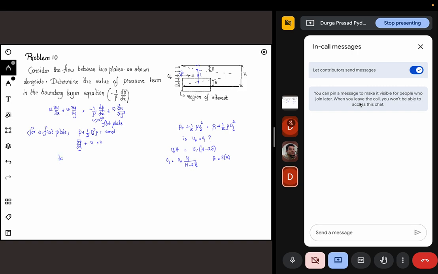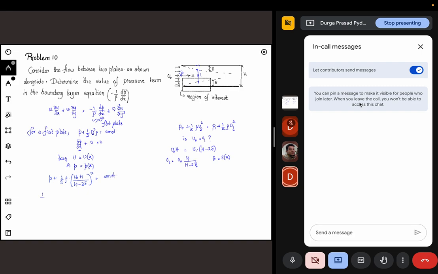Because u1 equals u of x, if you apply the Bernoulli's equation, then p will be p of x. So p plus half rho times u naught h by h minus 2 delta, squared, equals constant.